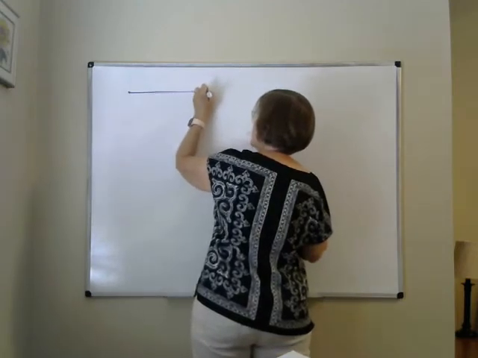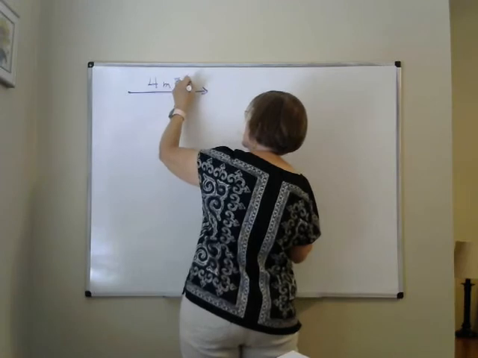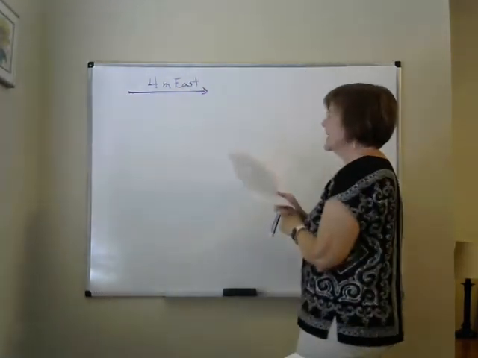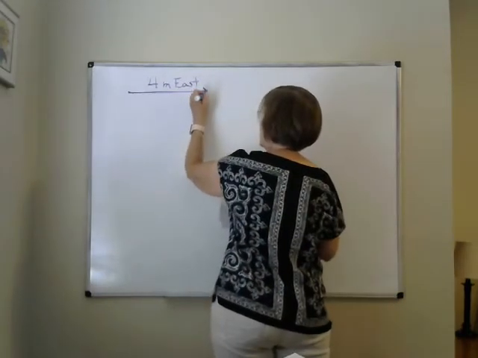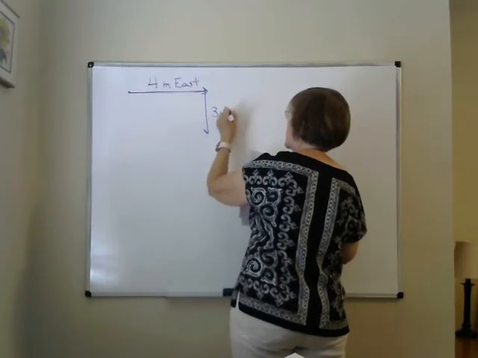Suppose I have something that's 4 meters to the east. And my second vector, the vector that I'd like to add to that, is 3 meters south.